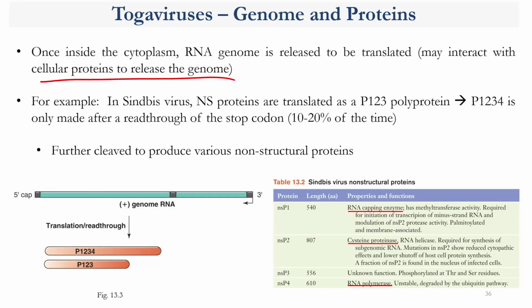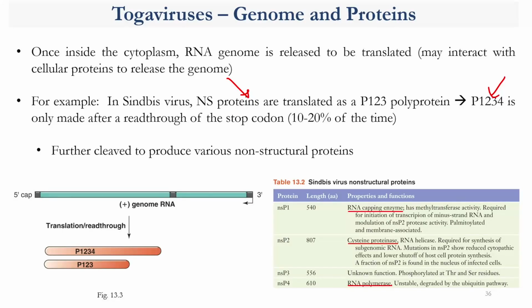So for example, in Sindbis virus, we have non-structural proteins that are translated as P123 polyprotein. You also have another polyprotein called P1234. And again, this happens 10 to 20% of the time, where the ribosome just doesn't stop at the stop codon. It just reads through, okay?